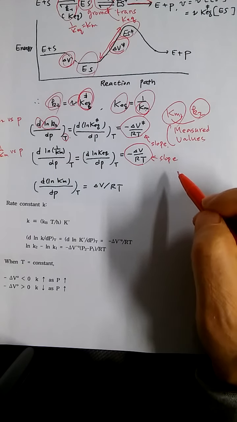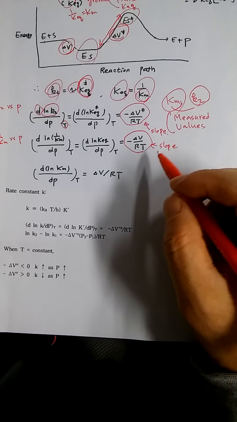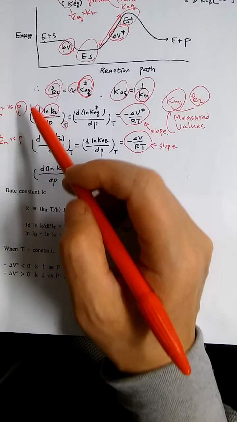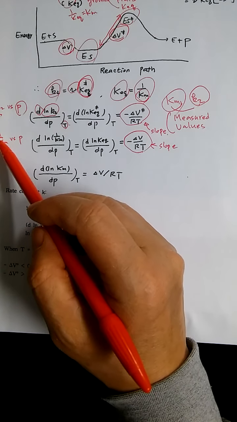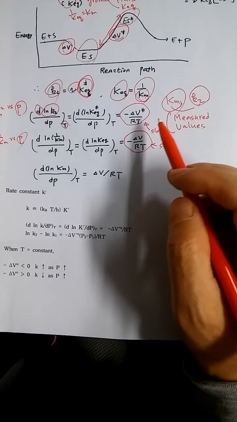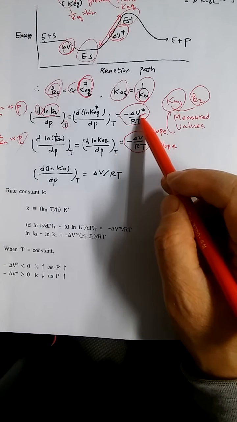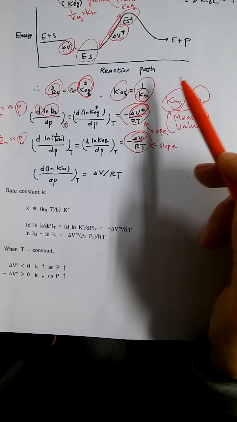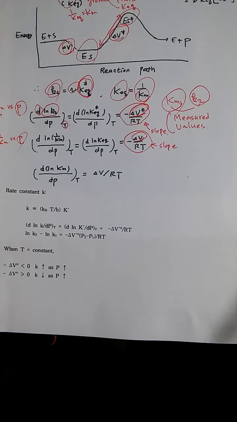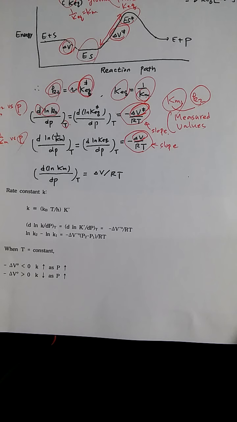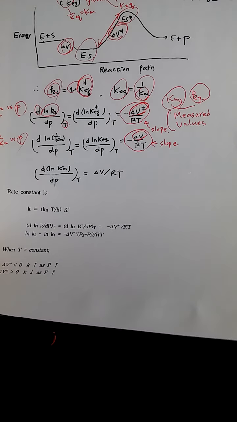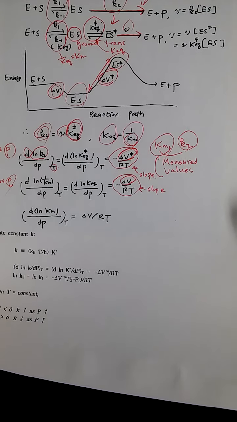So if you prepare two plots, one of log K2 versus P and another of log 1 over Km versus P, then you can estimate the volume changes delta V and delta V star. So let's see what happened in some real experimental results.